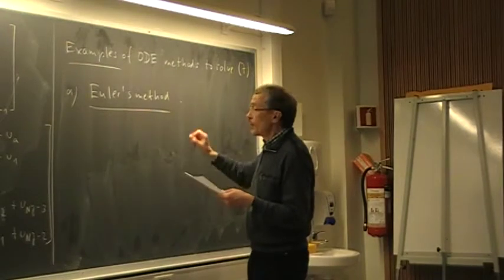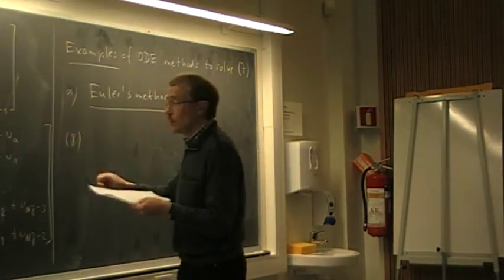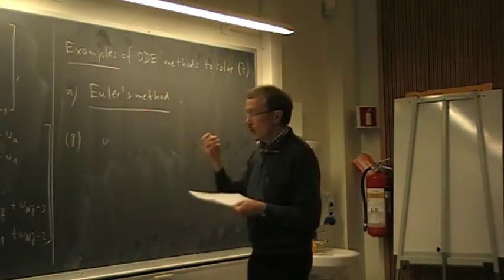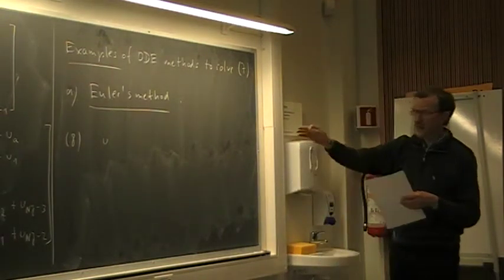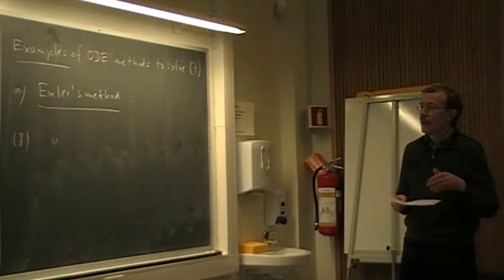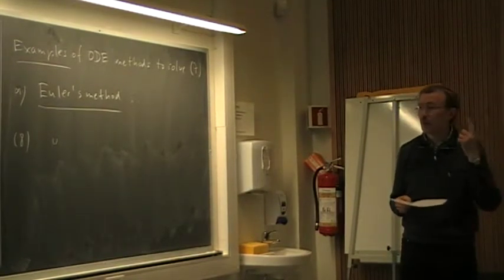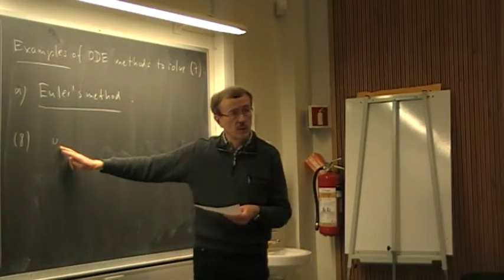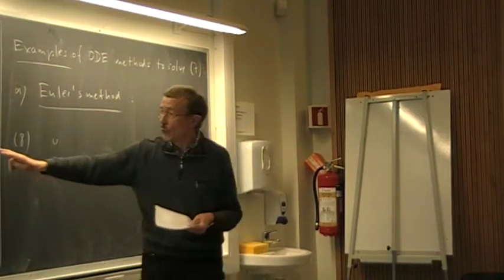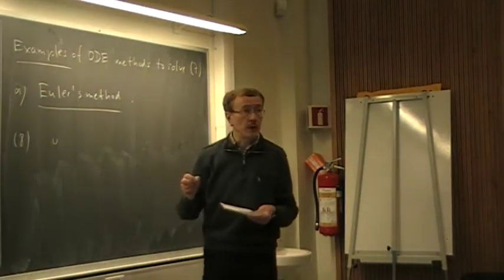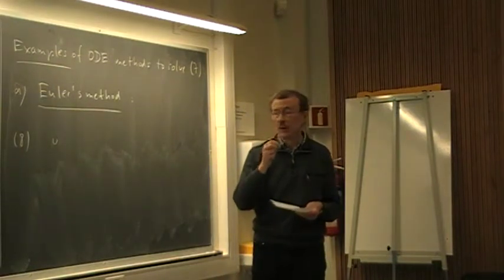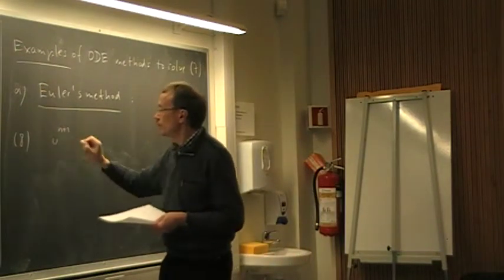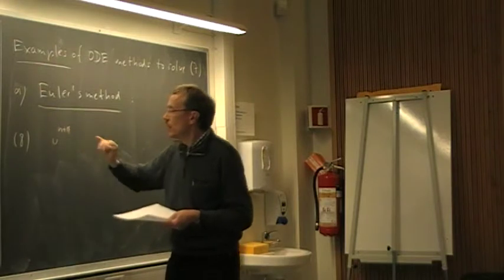How does that work then? Well, we just apply the recipe. We have the value of the vector u at the new time level. But now we have a little problem, because before we used the subscript to indicate the time level, and we have already used the subscript for indicating which node, which grid point, we are at. So it is common in the notation to write the time level as a superscript. So we write u^(n+1) in this way.